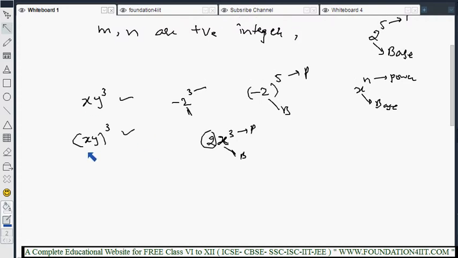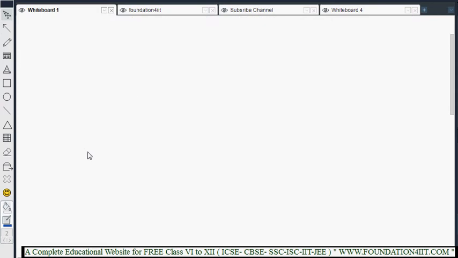First we'll see the laws. First law: x to the power m, because already I took x as a rational number and m, n are positive integers, then x to the power m into x to the power n.